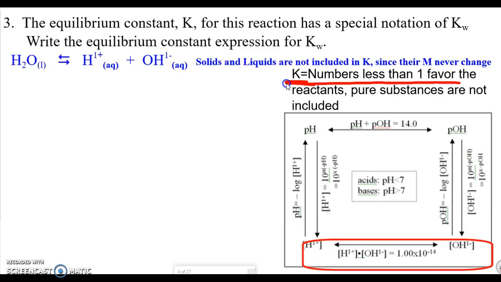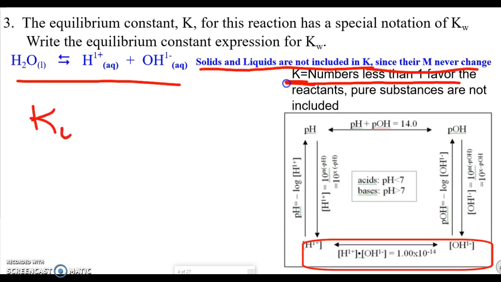So in this problem, we need to write the K value for this reaction right here. There's a couple things we need to know. Solids and liquids are not involved in our K expressions since their molarities never change. So if I'm going to write it here, we have K, and this is going to be for water. It's equal to our products over our reactants. And this bracket means molarity or concentration.